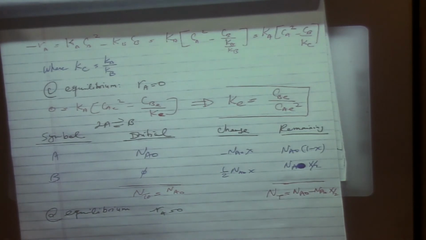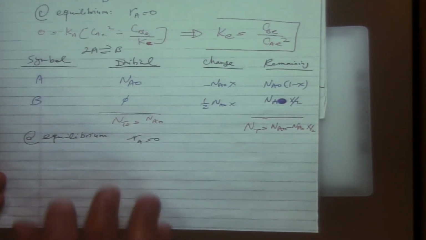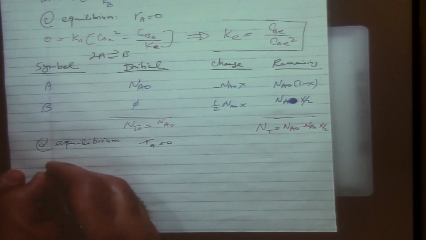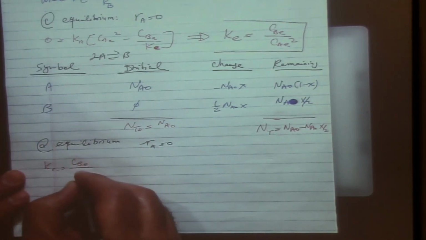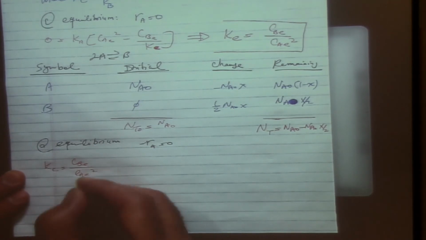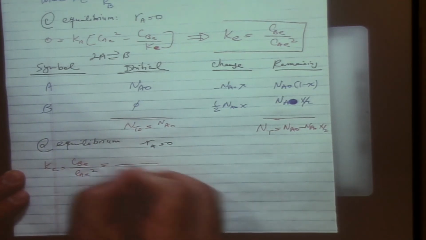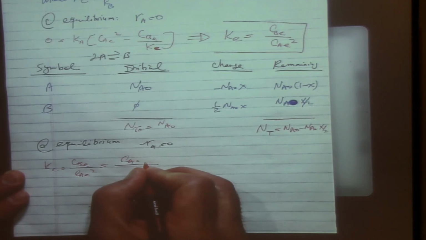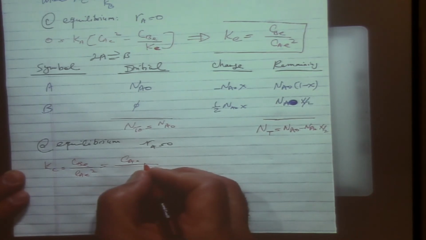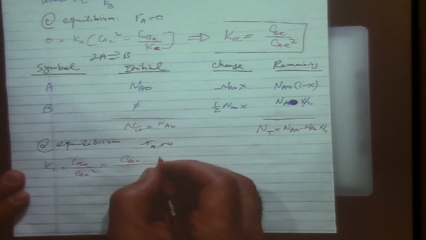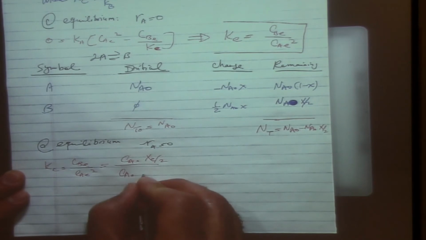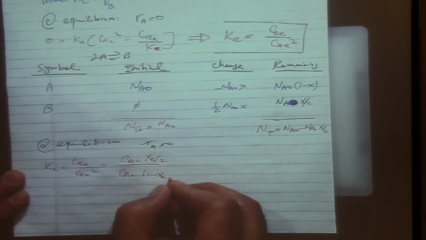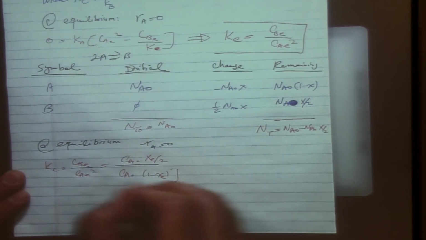I'm going to just plug it in. So Kc would be Cbe over Cae squared, and that would be Ca0 Xe over 2, over Ca0 (1 minus Xe) squared.